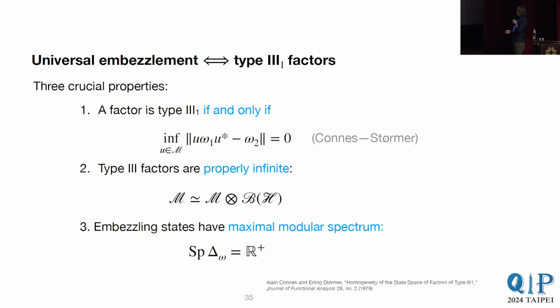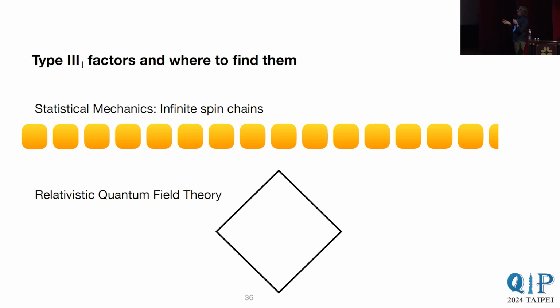But now let me come to this third question we ask, namely, do these type III_1 factors actually occur in nature or in any familiar systems we know of? First of all, I want to talk here about the case of infinite spin chains in statistical mechanics, because this gives you a very nice intuition in this context of why type III_1 factors are actually universally embezzling.